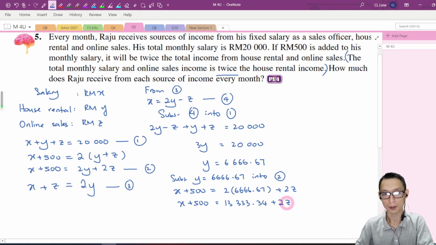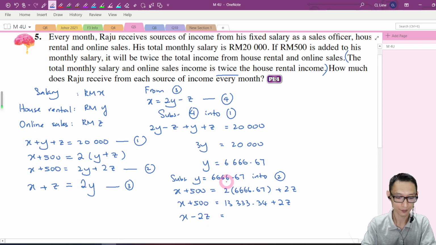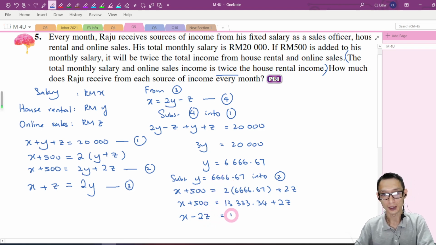Let me bring the 2z over here. It becomes x minus 2z. And then this I'm going to bring to the other side. It becomes 13,333.34 minus 500, so it will become 12,833.34.